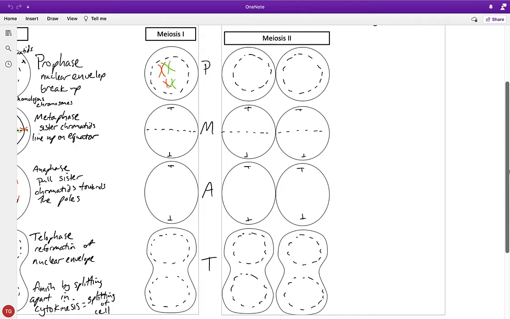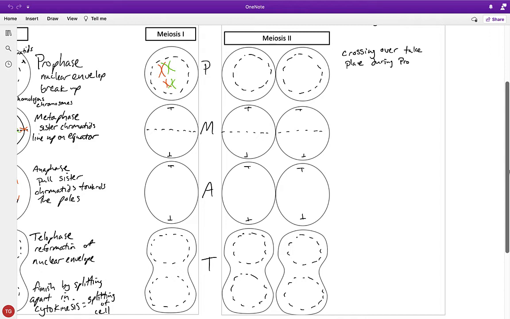Crossing over, or what we sometimes call recombination, is going to take place during prophase, and we use Roman numerals usually, but prophase 1.